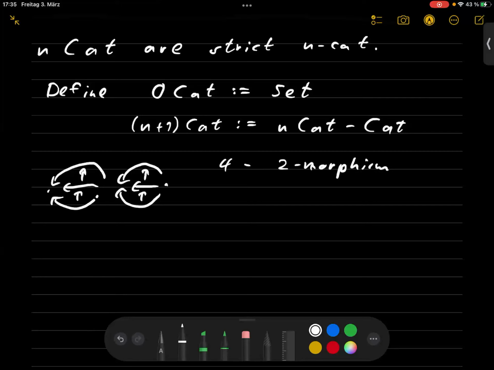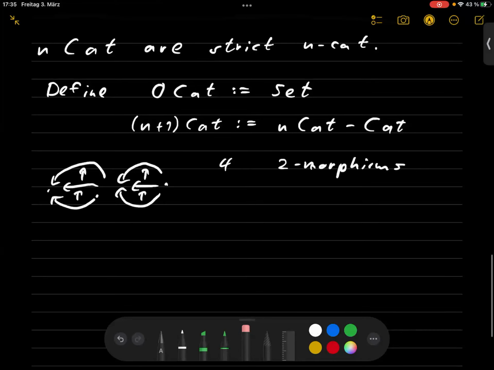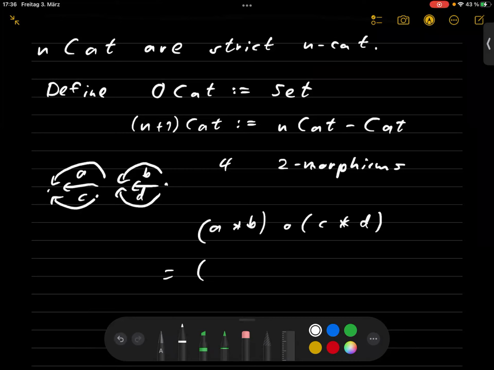And this is now also the reason why I draw them from right to left and from down to up, because if we give them names, let's call them maybe A, B, C, D, then AB composed with CD is the same as AC composed with BD, for example.